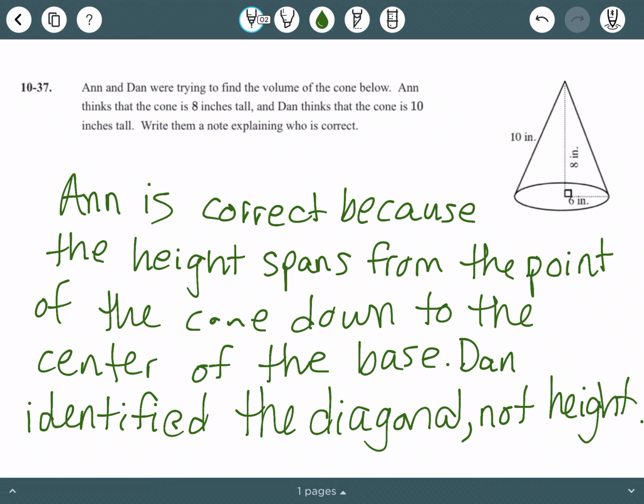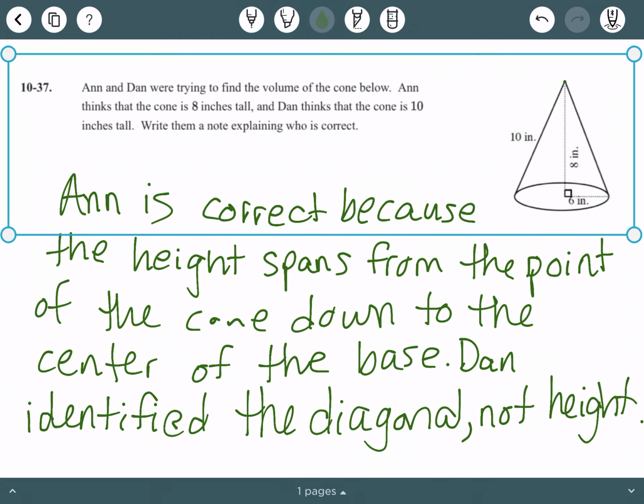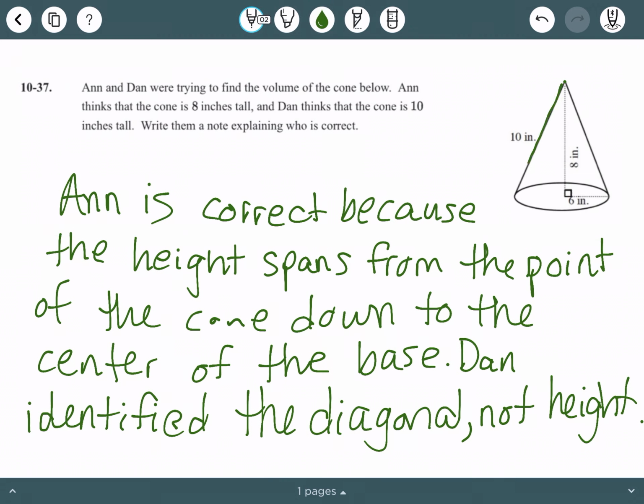And the difference here is, yes, it is at that starting point at the tip of the cone, but it goes to the outer edge of the base, so not the center. So Dan was looking at the diagonal, and Anne was correct. So Anne is correct. The height is 8 inches.